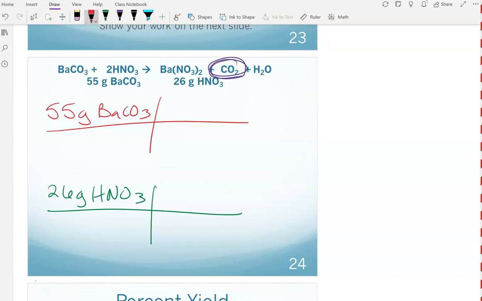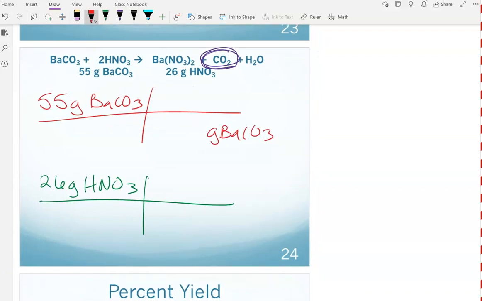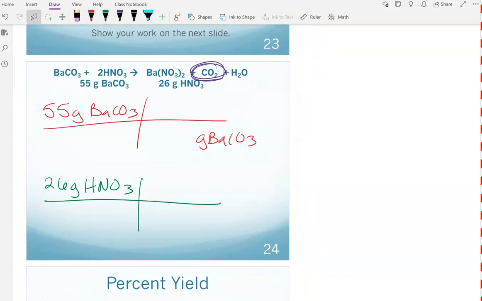But since I'm starting with grams, I'm actually going to have to find molar mass first. Hold on, I need a periodic table. So for the first one, I know that grams of BaCO3 has to go in the bottom here, and I have to calculate the molar mass of that. So I'm just going to show my work off to the side here.